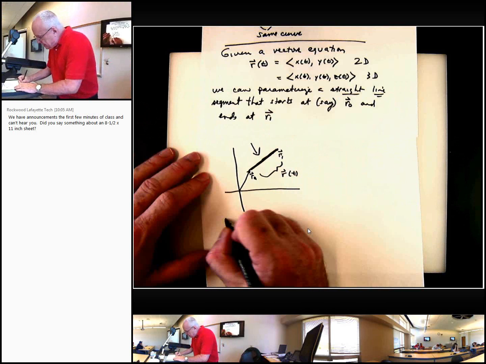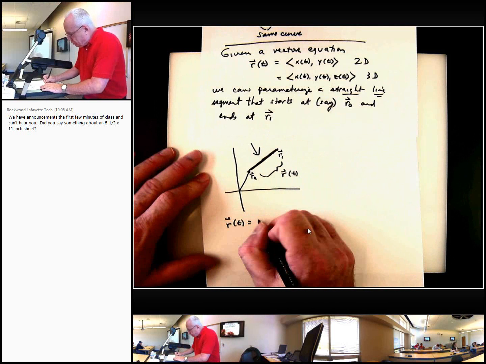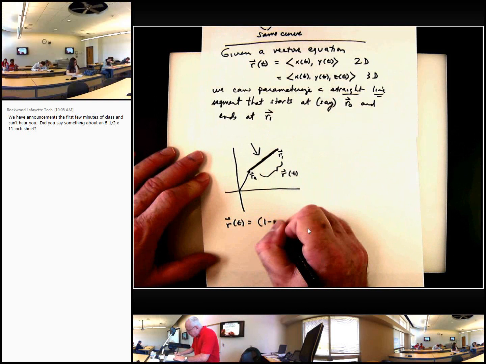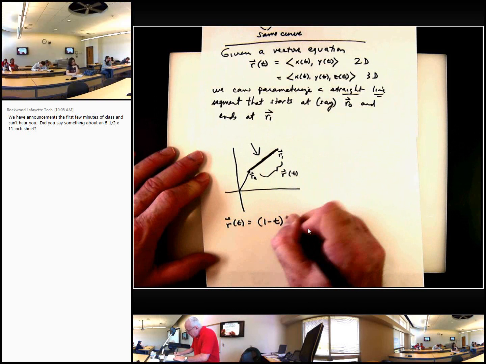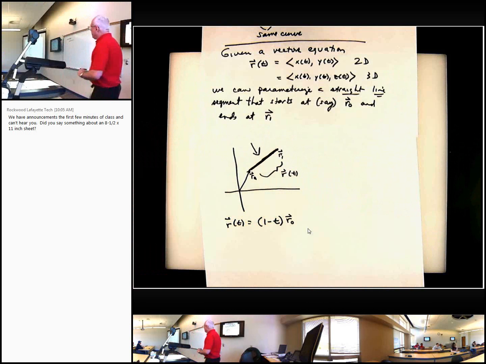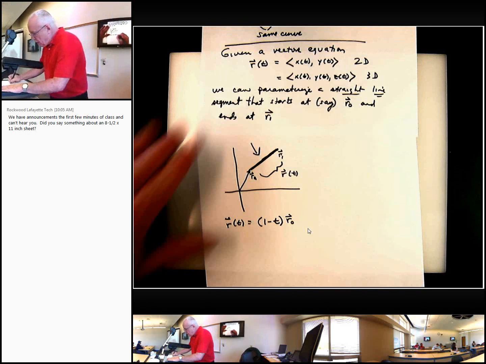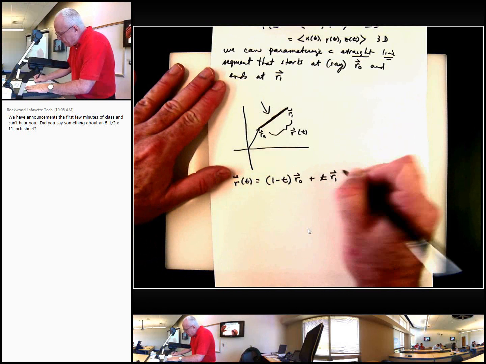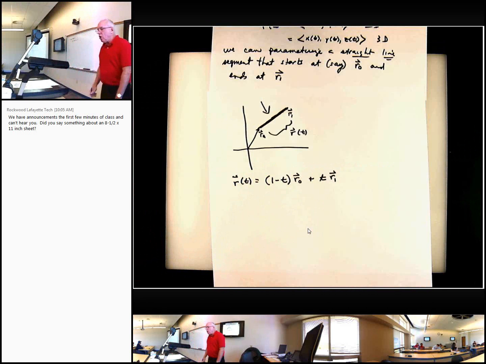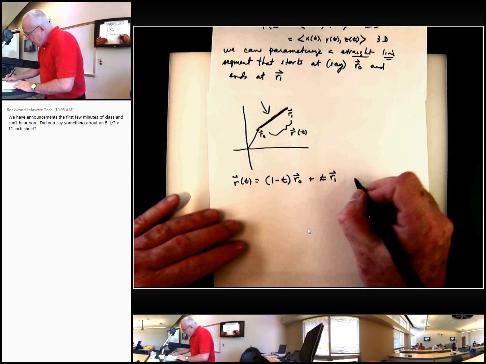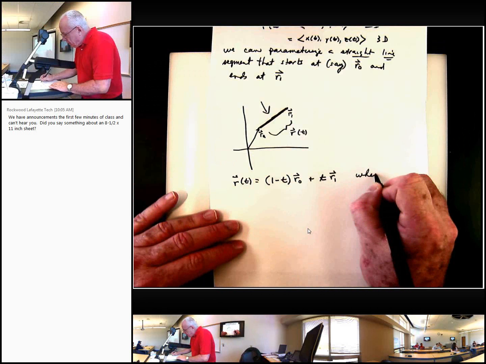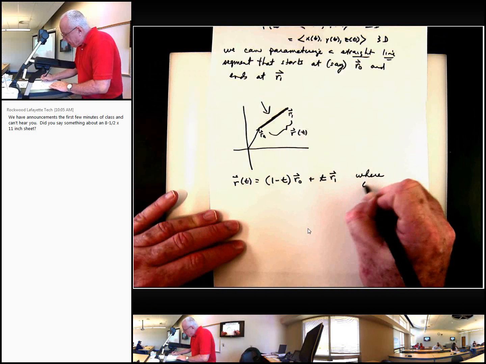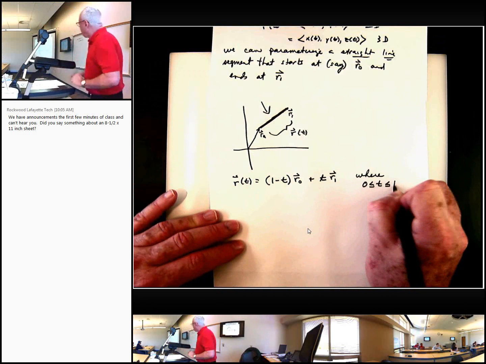So we can say that r of t is equal to 1 minus t times the initial vector, r 0, plus t times the ending vector, r 1, where t ranges from 0 to 1.